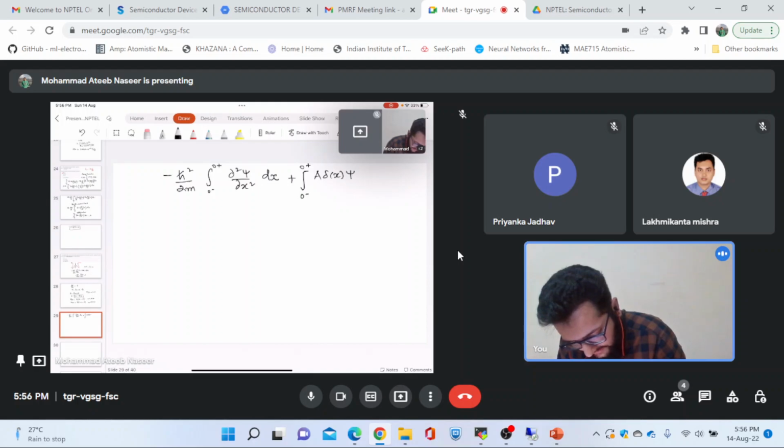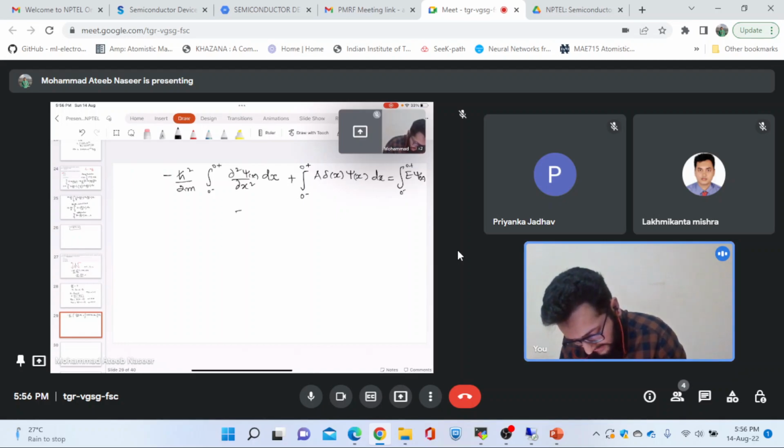Psi of x dx will be equal to the integral of E psi of x between the limits 0 minus to 0 plus.